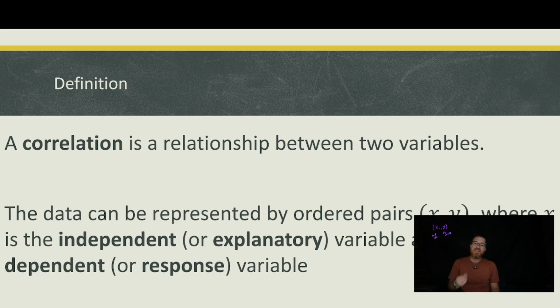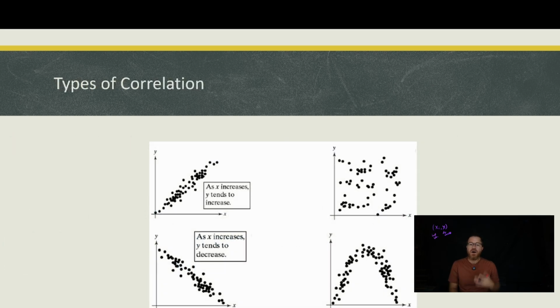So a correlation is just a relationship between two variables. This data can be represented as our ordered pairs (x, y), where x is the independent or explanatory variable, and y is the dependent or response variable. Here you can see a couple examples of what a scatter plot might look like. In the top left, the points are pretty close together.